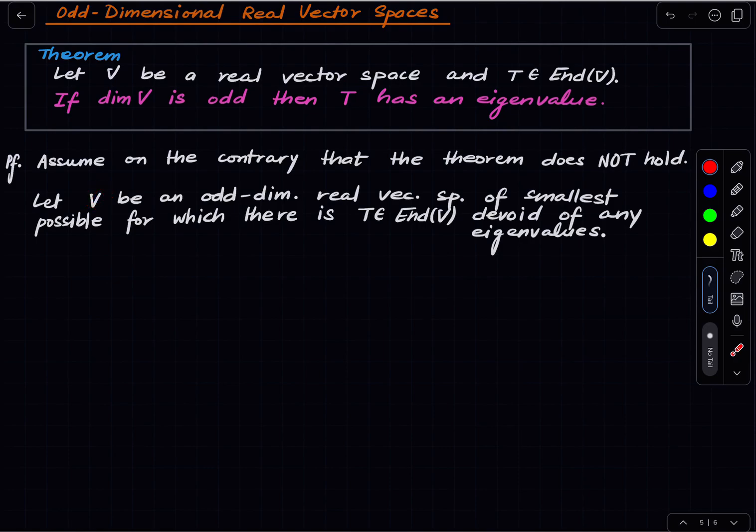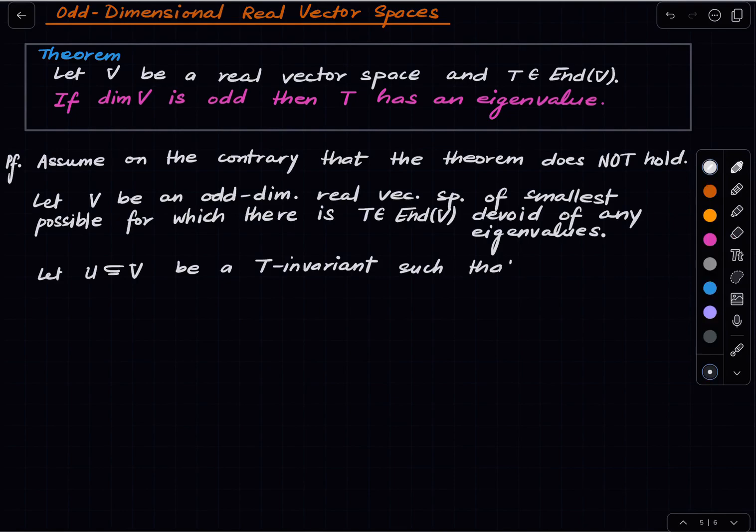Okay, now by the previous proposition, we can find a subspace U of V which is T invariant such that dimension of U is either 1 or 2.